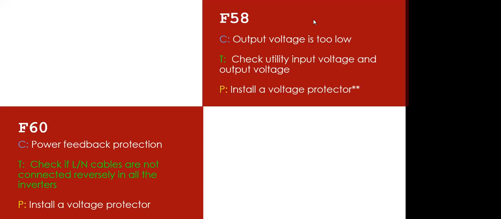But to prevent this, there is a way we can do it. We use something we call a voltage sequence, which is another device that you can use to check if your phases are in sequence or not.